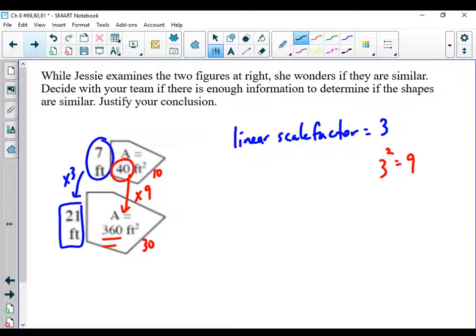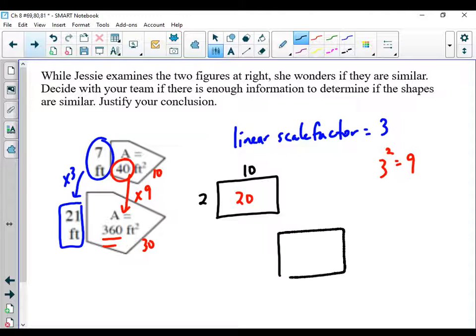For instance, if I gave you a rectangle with sides of 2 and 10, so it had an area of 20, and I gave you another rectangle with a side of 4, and I didn't know the other side. Let's backtrack here.